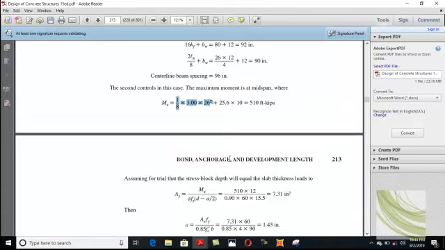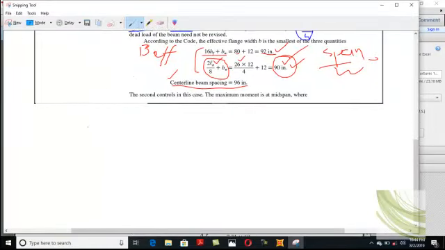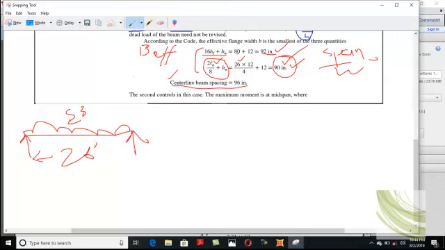Basically the beam is divided into two portions. In one portion they consider a UDL, that is 3 kip per foot, and the length is 26 feet. In another portion, they considered 2 point loads, that is 25.6 and 25.6.